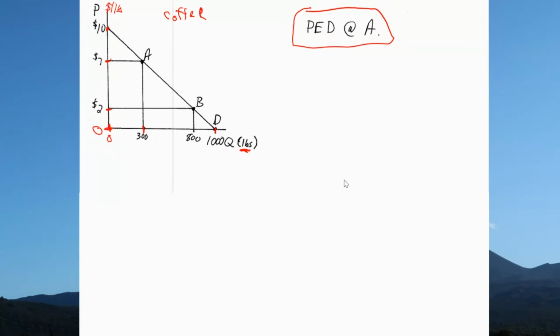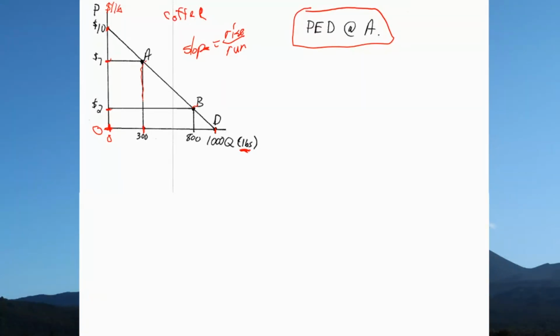Let me just point out one trick, just before we get to the next step. You're going to need to calculate the slope of this line. And to calculate the slope, I suggest you always, instead of trying to create the equation of this line and using the m in the y equals mx plus b formula, that's one way you could go. But the easier way is always to calculate the slope as the rise over the run between two different points on a demand curve. So you just need to have values for two points like A and B, and you can calculate the rise over run.